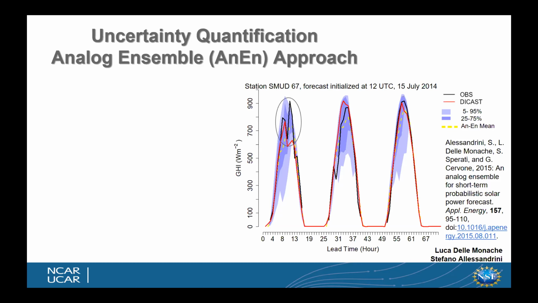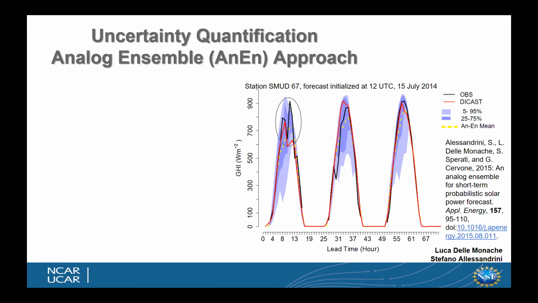Now, of course, the traditional way to make probabilistic forecasts is to run large ensembles of models, but that's not the only way. We can also apply machine learning in this case, where in methods developed by Luca Delle Monache and Stefano Alessandrini at NCAR, we've developed the analog ensemble, which we often use in these projects.